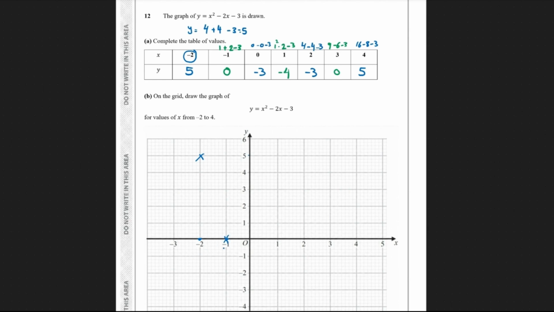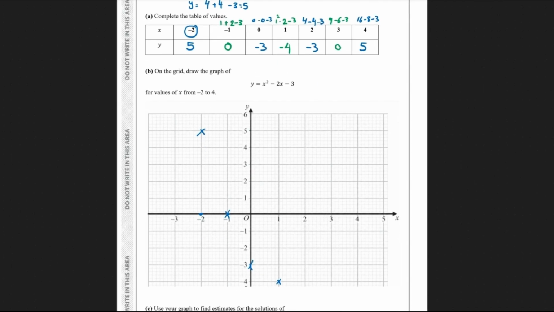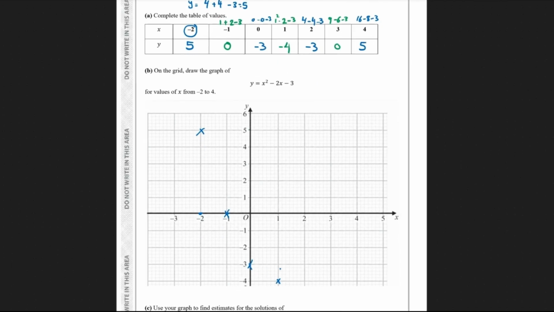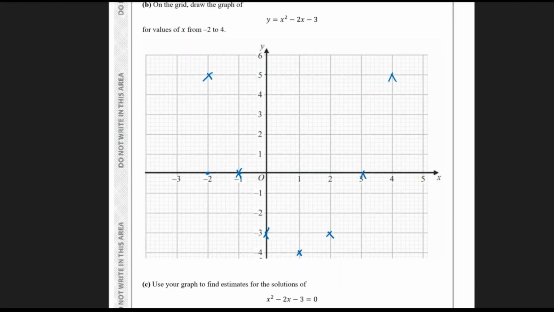And then at x equals 0, y minus 3 here. And then at x equal 1, y equal minus 4, it's here. And then at x equal 2, y equal minus 3, it's there. And at x equal 3, y equal 0, it's here. And at x equal 4, y equal 5, so it's here.